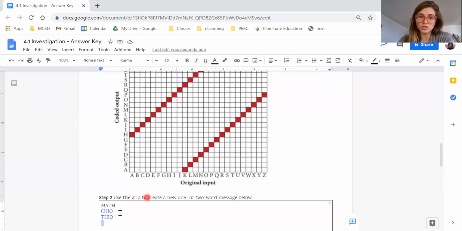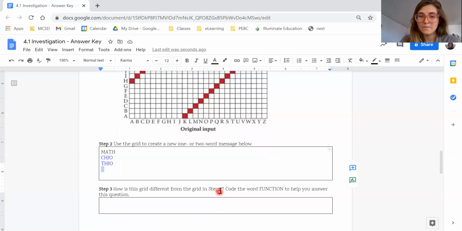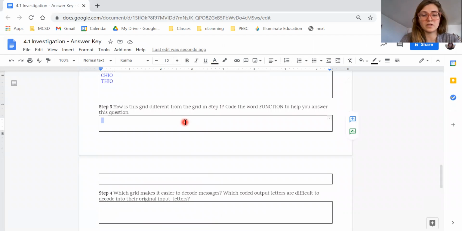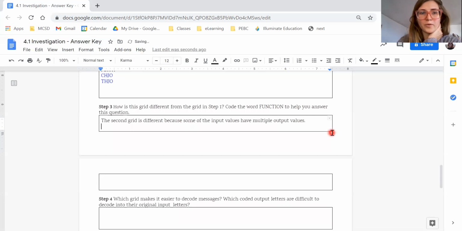So some of them had just 1, but a lot of them have 2 different outputs. So the second grid is different because some of the input values have multiple output values. And it's saying code the word function to help you answer the question.